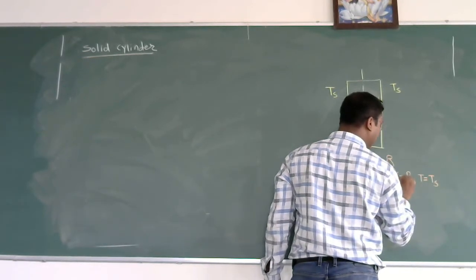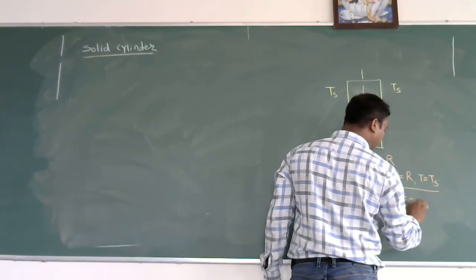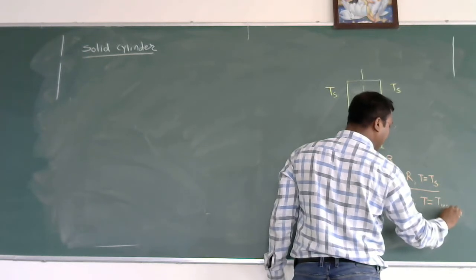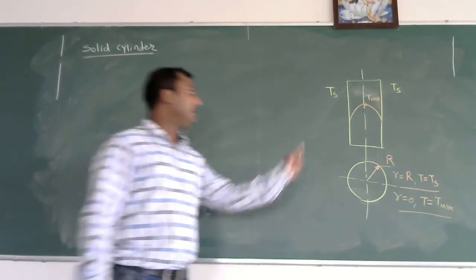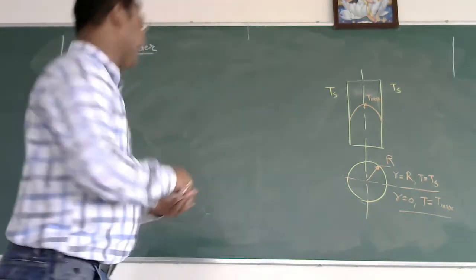At r is equal to R, temperature T is Ts. At r is equal to 0, temperature T will be T max. Now we will see how we can derive the equation of the temperature distribution in this case.